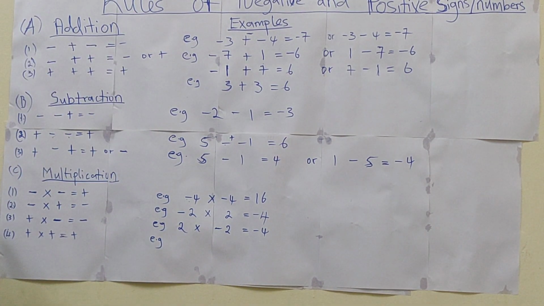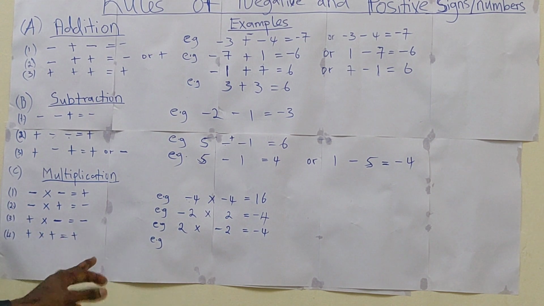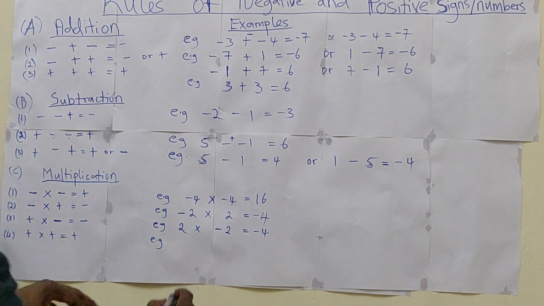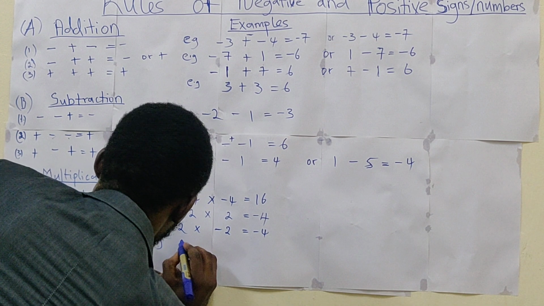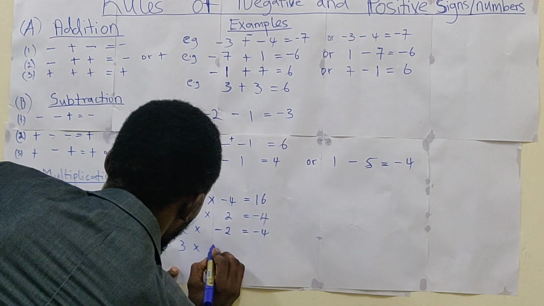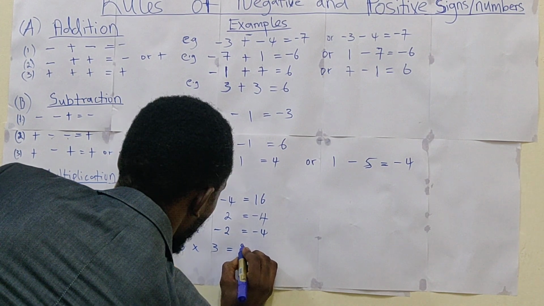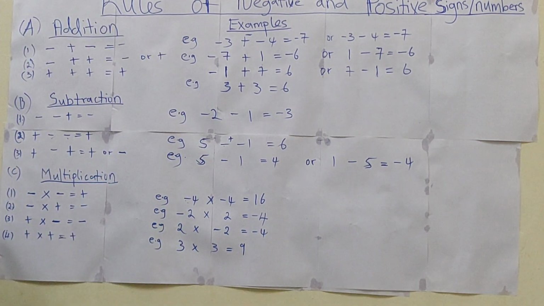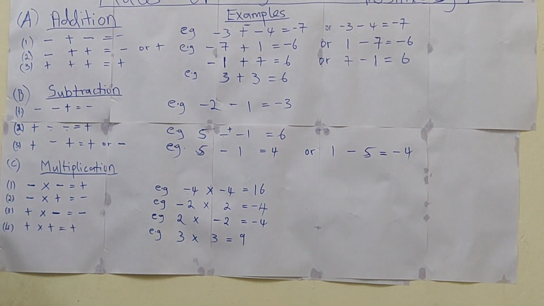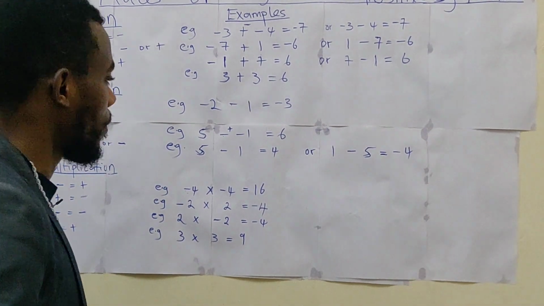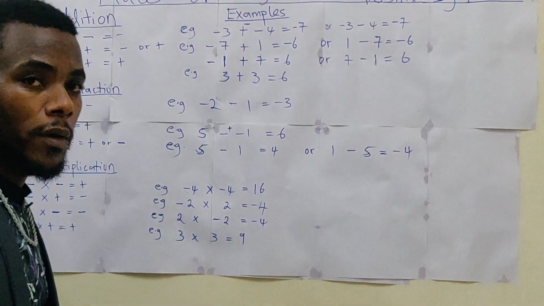And the last. This one is just simply positive times positive, which is positive. Let's say 3 times 3 equals 9. Any question, please? Okay.